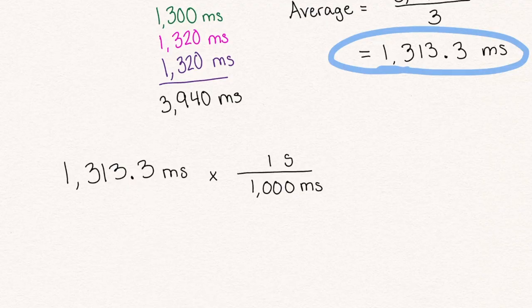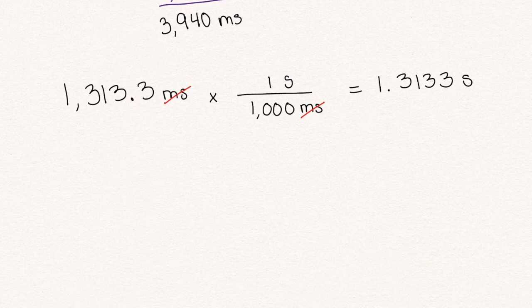But this becomes especially helpful because it gets us closer to the units that we want. So we've calculated that each interval takes an average of 1.3133 seconds. When we measure heart rate, we are measuring it in beats per minute. And right now, our answer is in seconds.